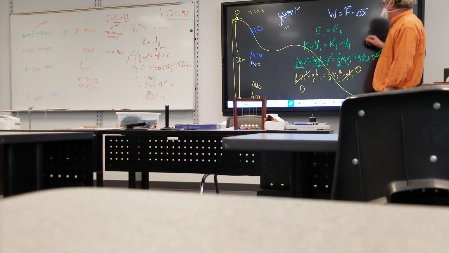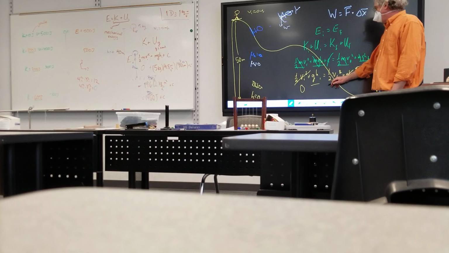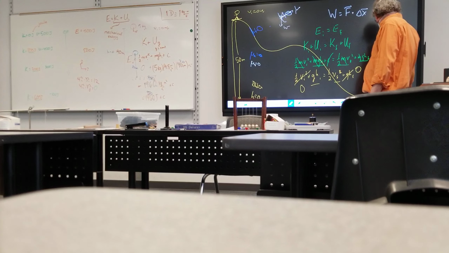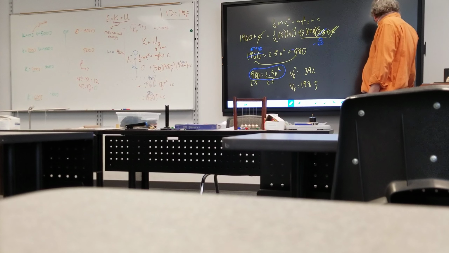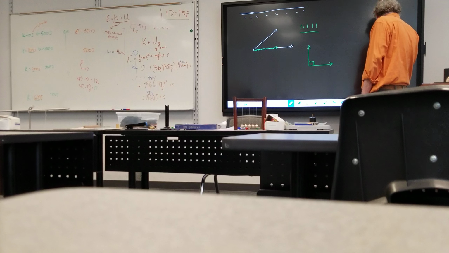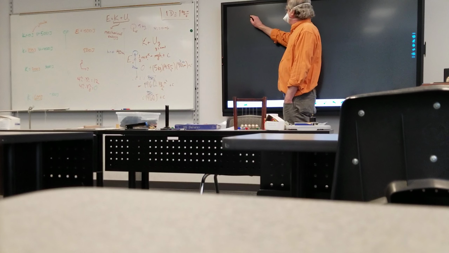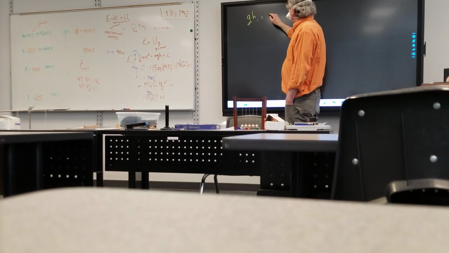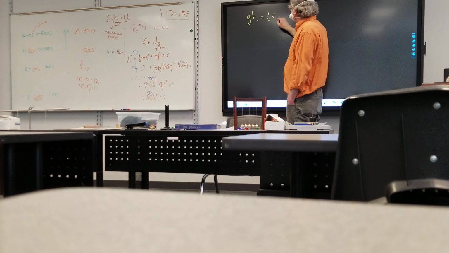So now we're left with just g h equal to one half v squared. So g h initial is equal to one half v final squared.